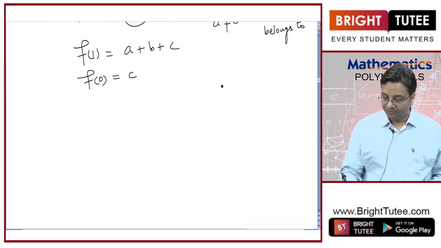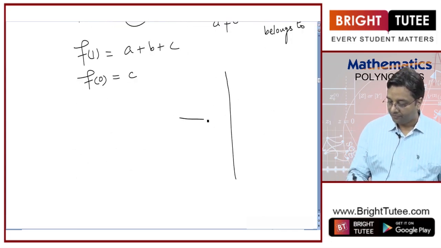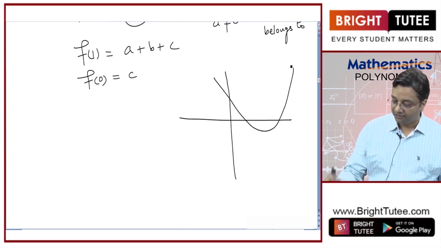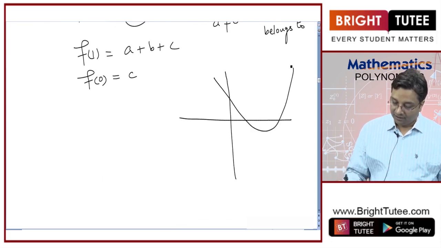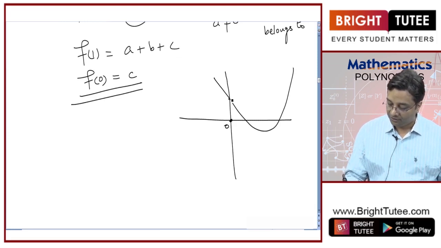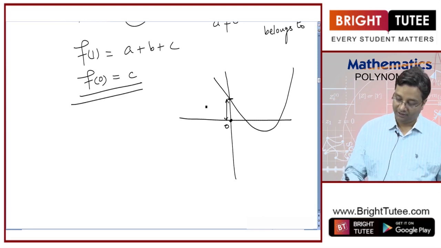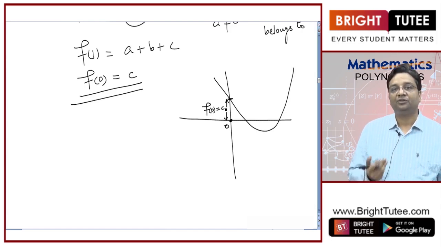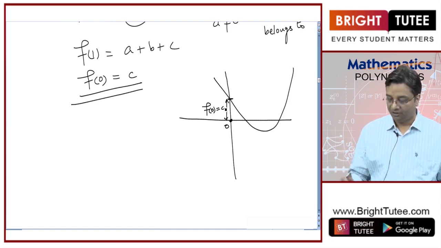So if I give you something like this and I ask you what is the value of c here, you will just say that it is f of 0. So this much is c, this much is c. If I ask you what is the sign of c, you will say it is positive in this graph.